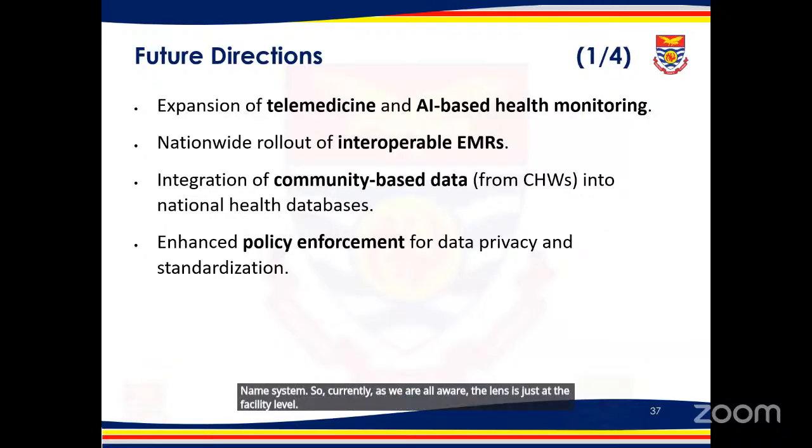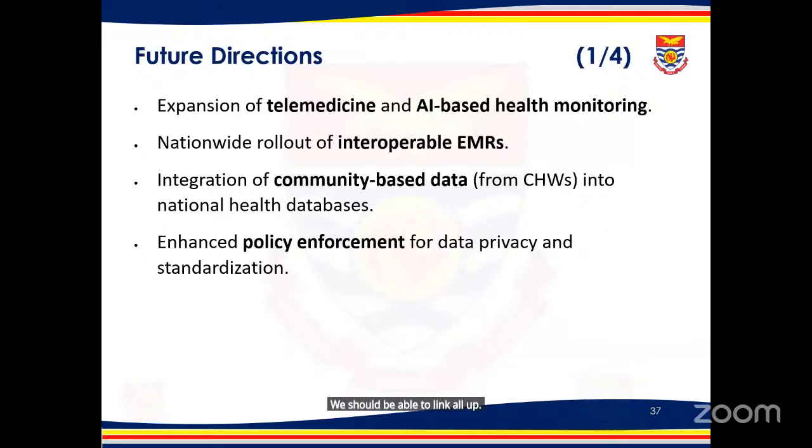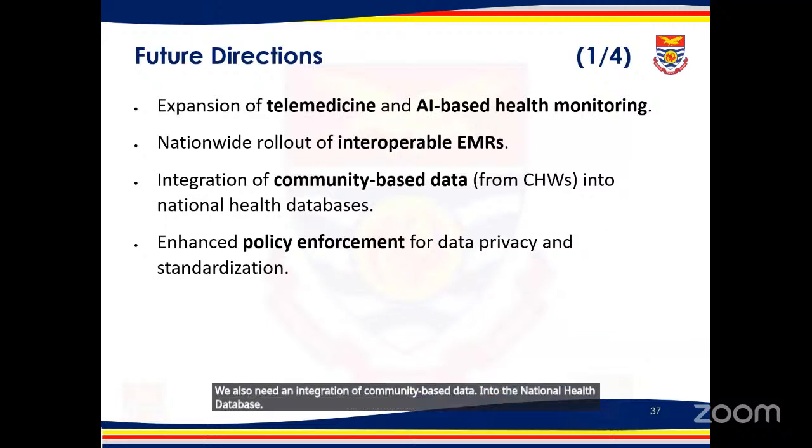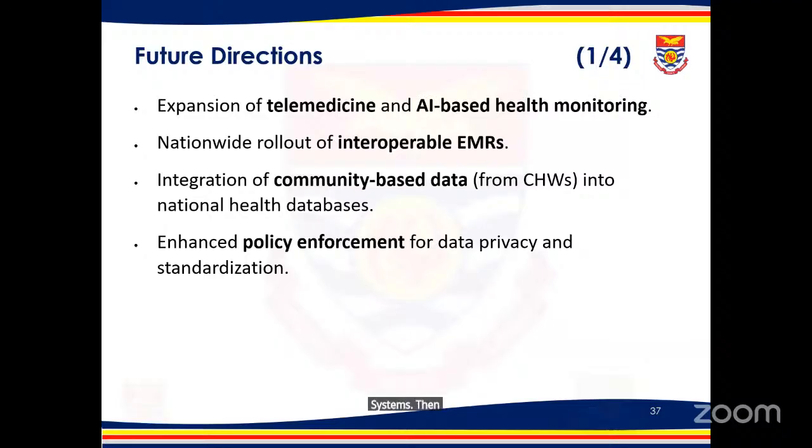We should be able to link all up and then have data available at any part of the country that we want to go and access care. We also need the integration of community-based data into the national health database systems. Then also enhance policy enforcement for data privacy and standardization.